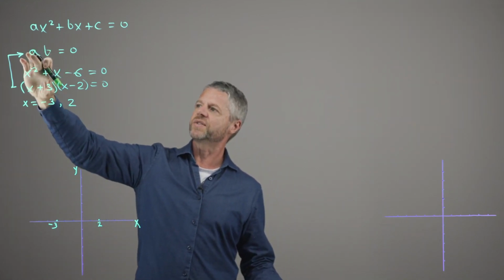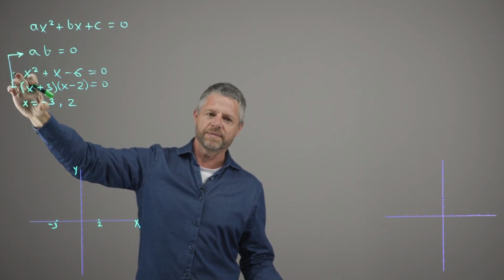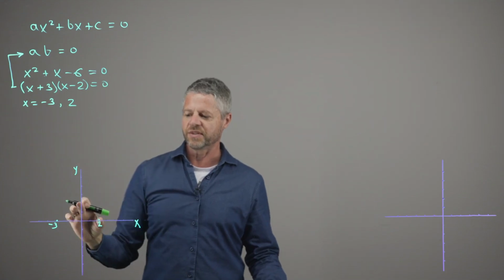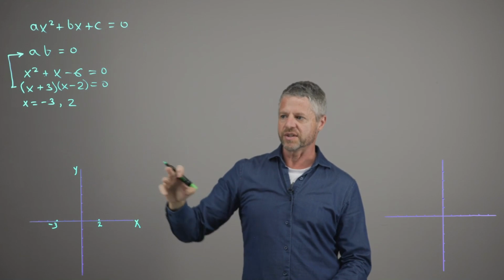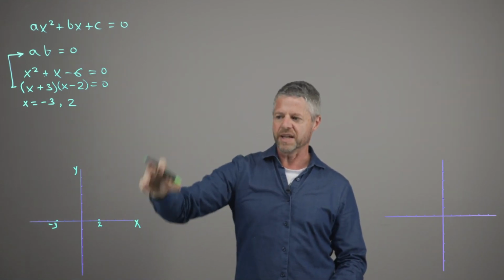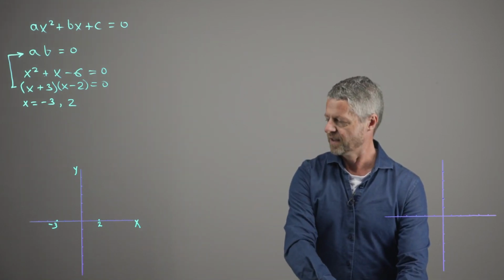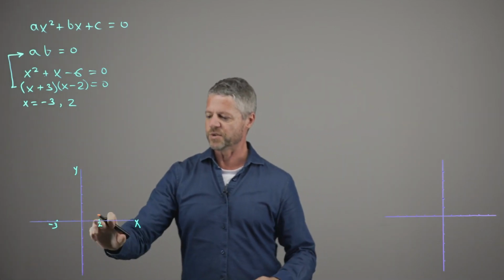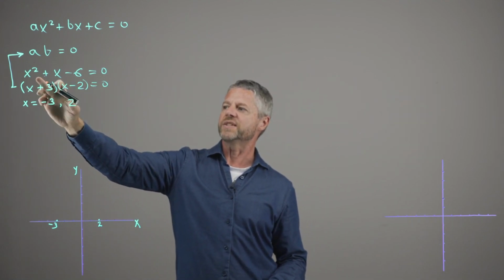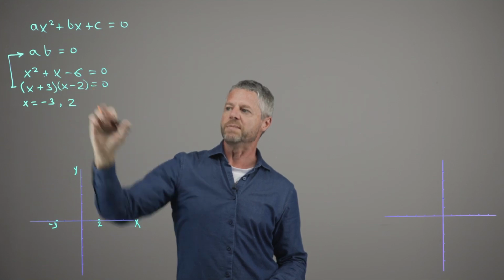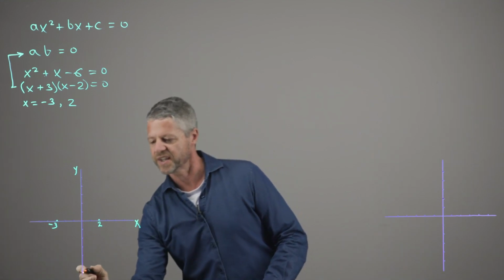Because the coefficient on x squared is plus 1, it's positive, which means our parabola is going to be upward facing. It's going to be a curve like this, passing through these two points. The other point it'll pass through is if x is 0, then y would be minus 6, so it's going to pass through the point down here at minus 6.